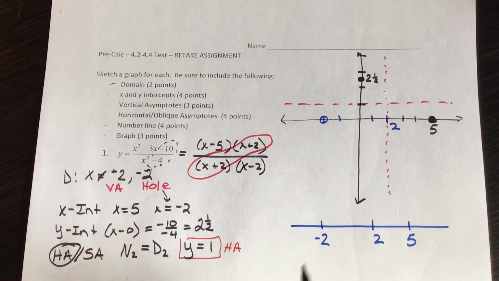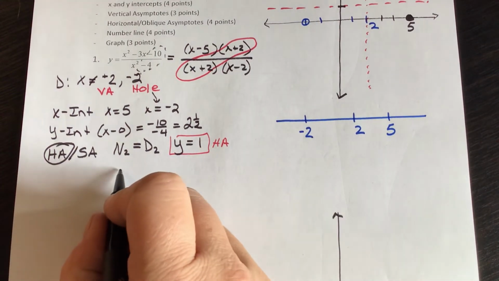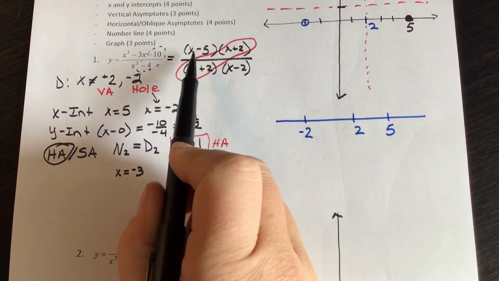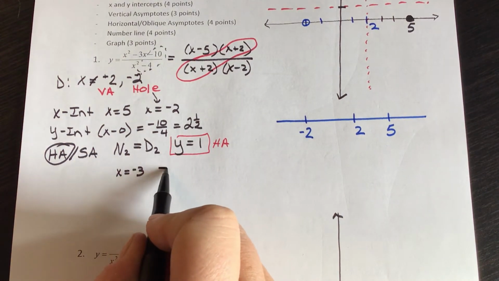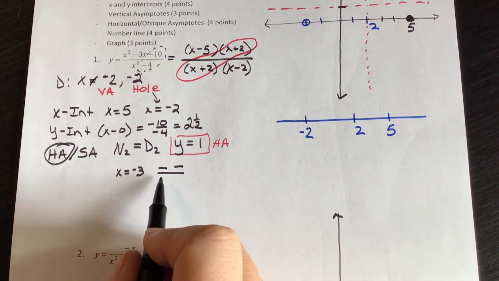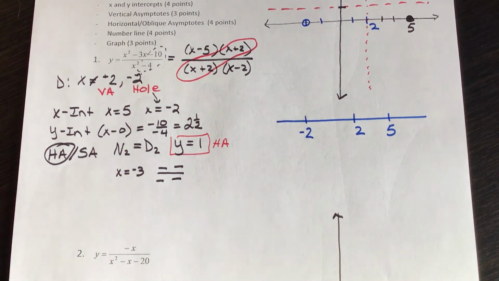So at negative 2, let's think of a number less than negative 2, so how about x is negative 3? And if I go in and I plug in negative 3 here, negative 3 minus 5 is negative, plus 2 is negative, over negative 3 plus 2 is negative, and x minus 2, negative 3 minus 2 is negative.